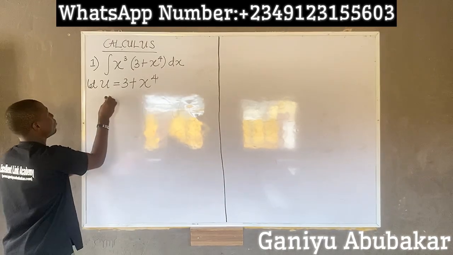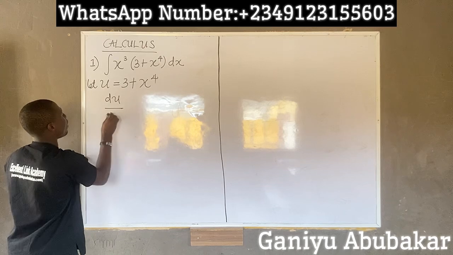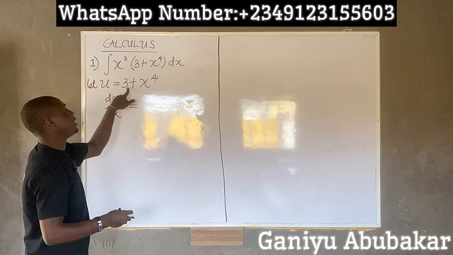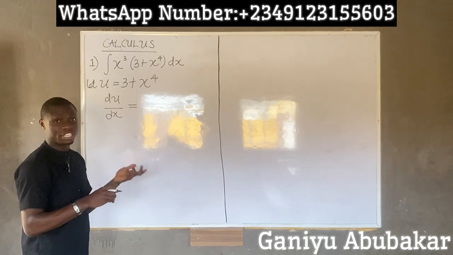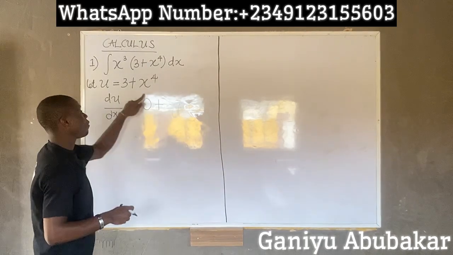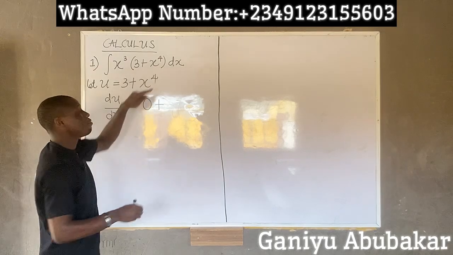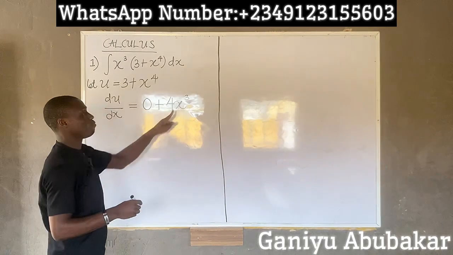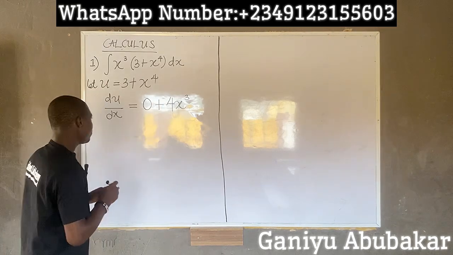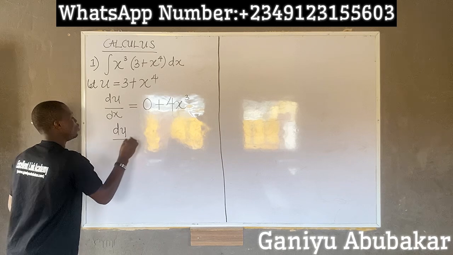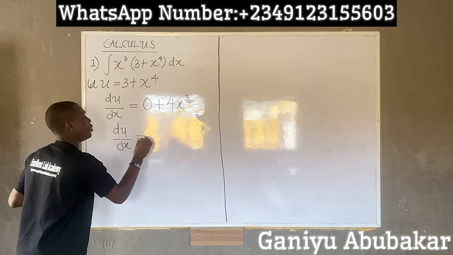So du over dx is equal to, if I differentiate, 3 is a constant term, becomes 0. So I have 0 plus differentiate x to the power 4, I'll have 4x cubed as per the general method of differentiation. So the value of du over dx will be equal to 4x cubed.